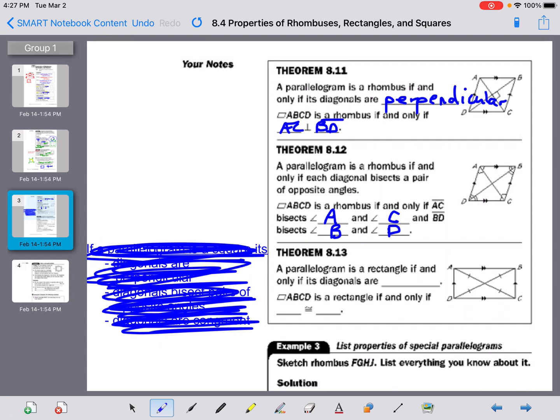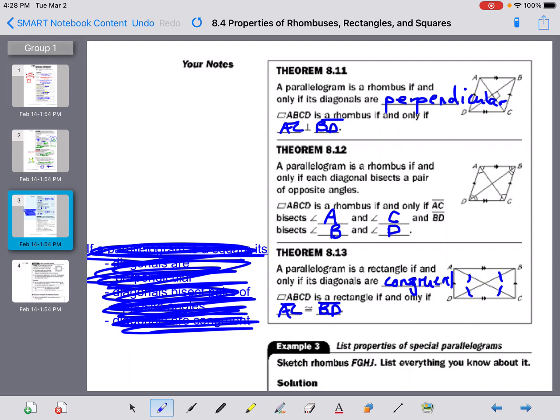That was not true on a parallelogram, but it is true on every rhombus. And then finally, the last one on this list: a parallelogram is a rectangle if and only if its diagonals are congruent. So the diagonals in a rectangle are exactly the same length. AC is the exact same length as BD.